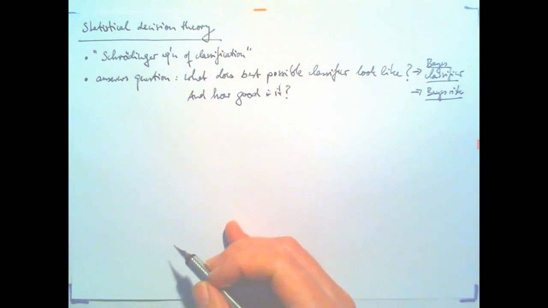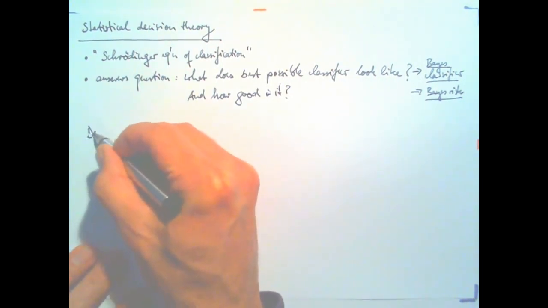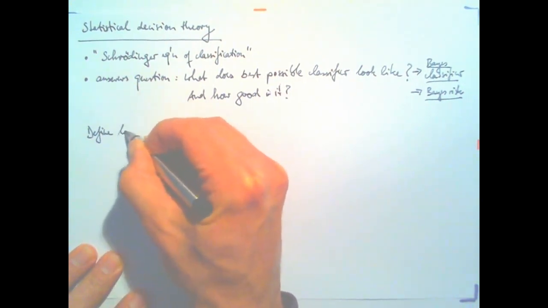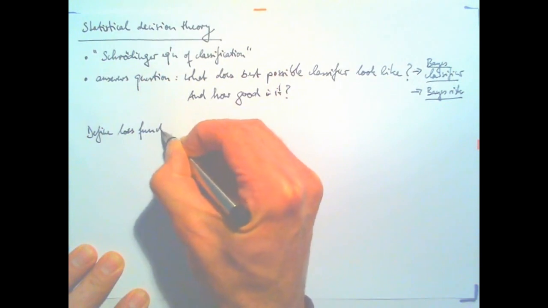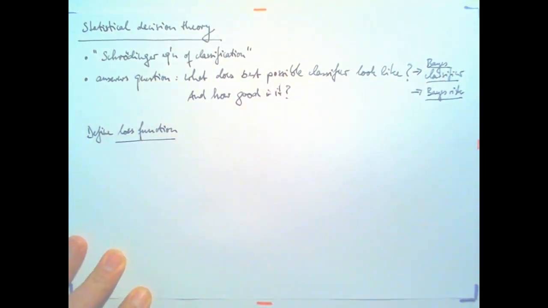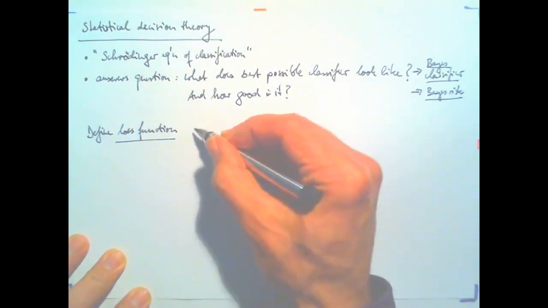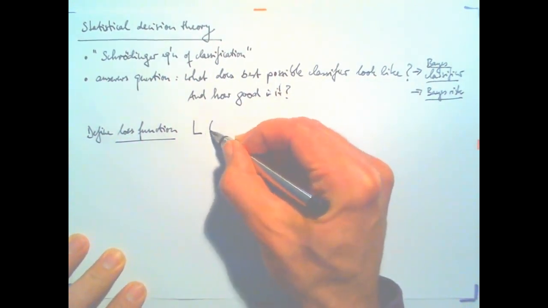Now, what we need is first a loss function. Because best possible, always, well, that depends on how you weigh the different kind of errors that one can make.